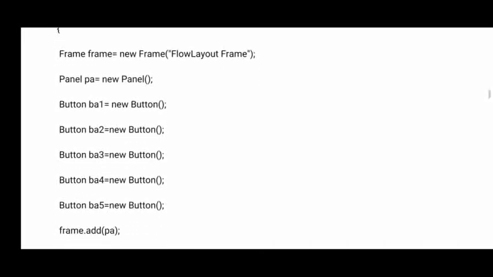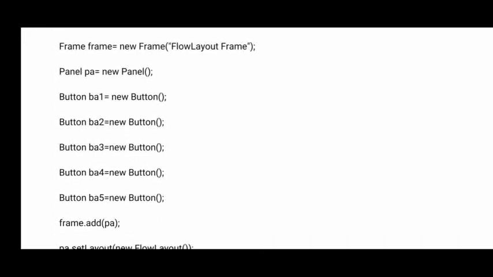Now as already said, whenever you are creating a program based on AWT components, first you need to create a frame object. You will get a screen, some area on the screen, to add the components. So first you need to create the object for the frame. Next you need to create objects for the components, whatever you want to display on the screen.